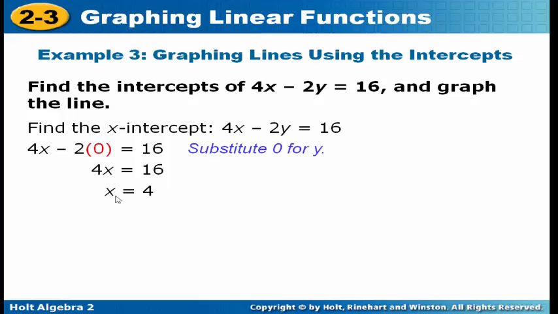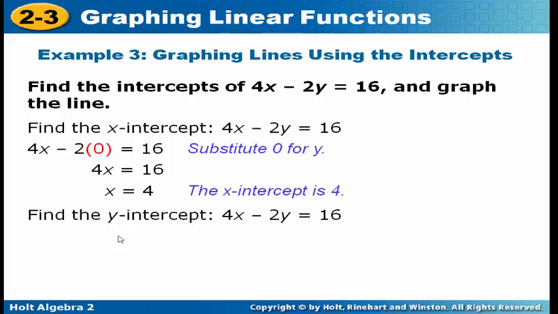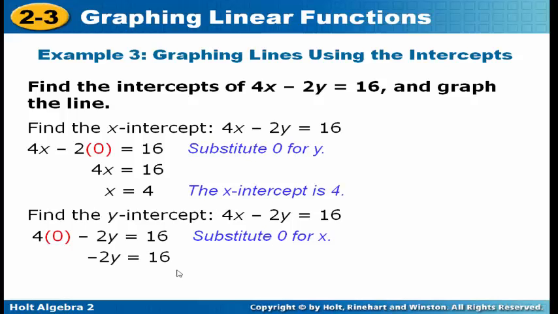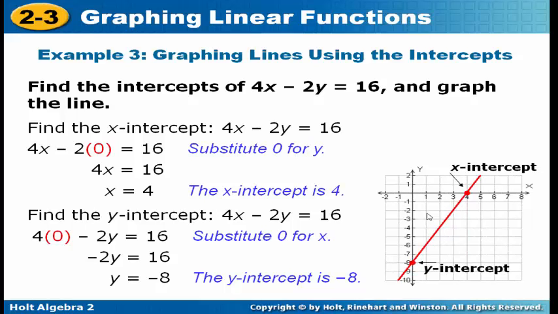So the x-intercept is (4, 0). To find the y-intercept of 4x minus 2y equals 16, put x equals 0. So negative 2y equals 16, so y equals negative 8. So the y-intercept is (0, -8). Now we can plot the x-intercept and y-intercept and match between them.